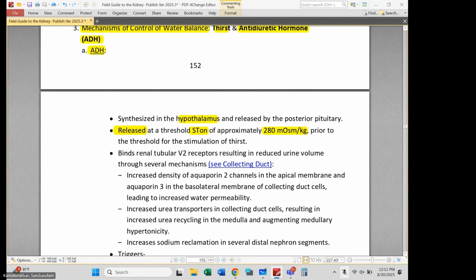Now, everybody has a little bit of a different set point. We have some individuals out there who have the so-called reset osmostat, who can start releasing vasopressin at lower osmolality. And so they have a chronic sodium of 130, right? And are usually asymptomatic. They're just defending a different set point than a normal individual, okay? And that is a threshold that occurs prior to the stimulation of thirst.